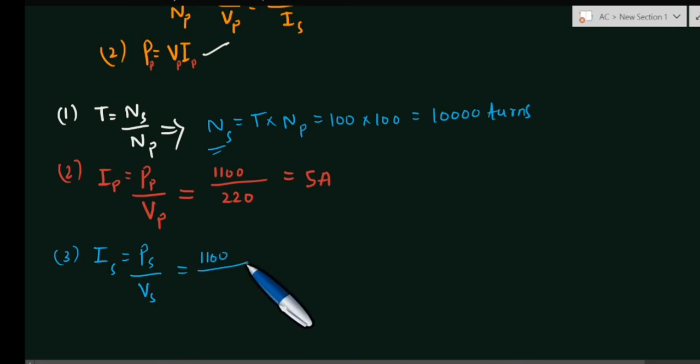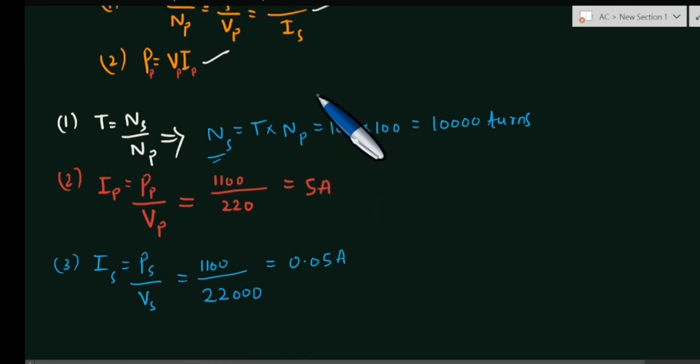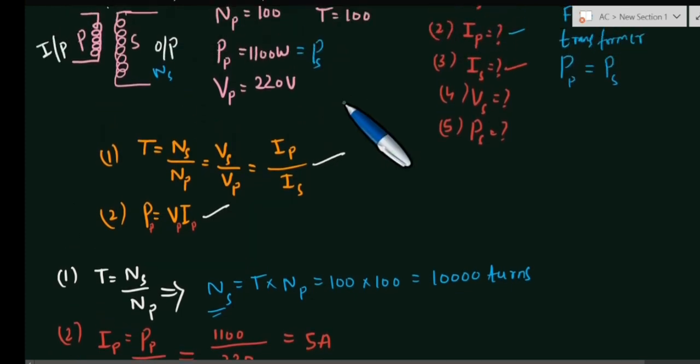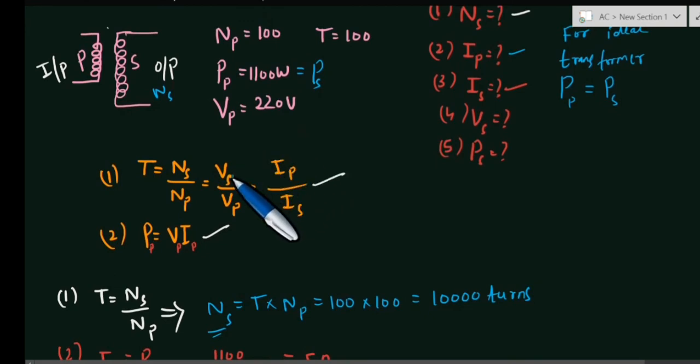So I'm using that. Ps is equal to 1100 divided by Vs. The value of Vs, that is the voltage across the secondary, is 22000. So that is equal to 0.05 amps. Then how did you get the value of Vs? The value of Vs you will get by using this part of the question.